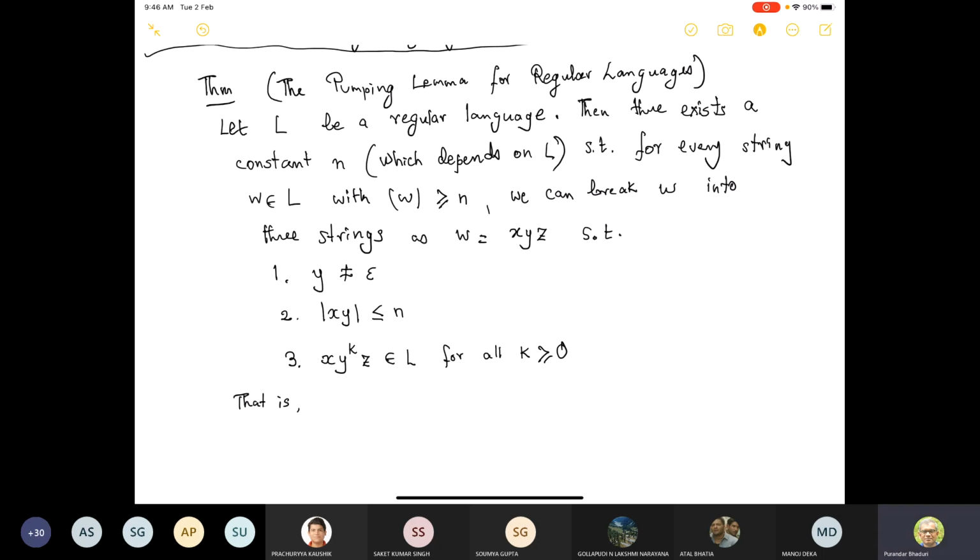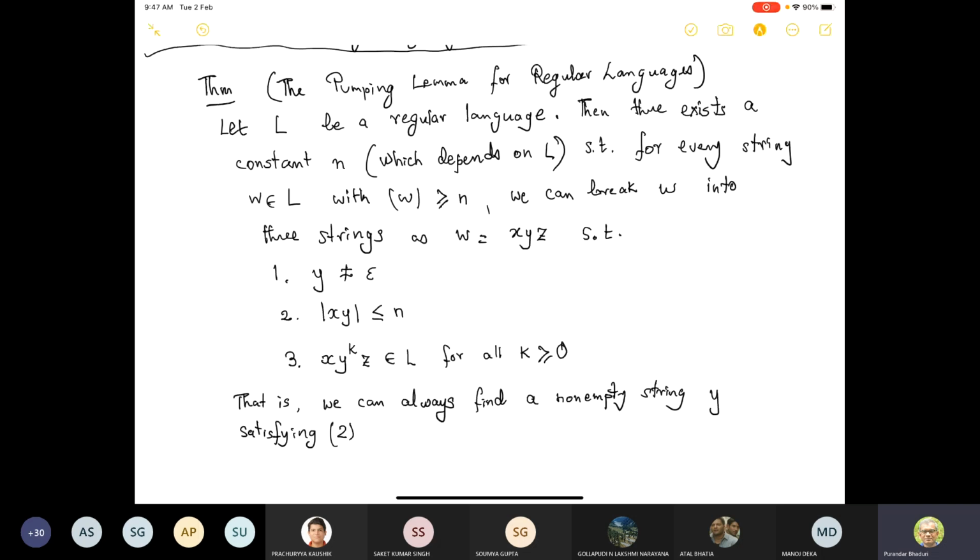that is, we can always find a non-empty string Y satisfying condition 2.